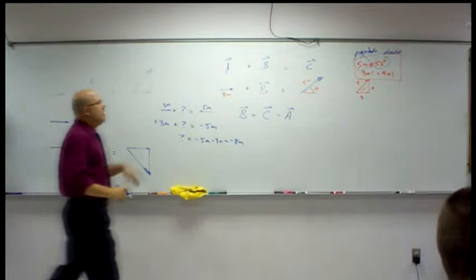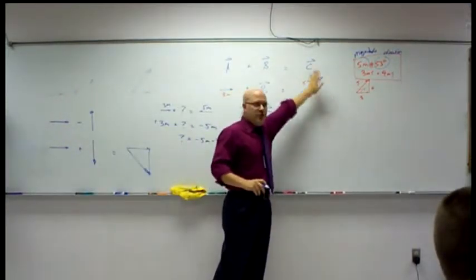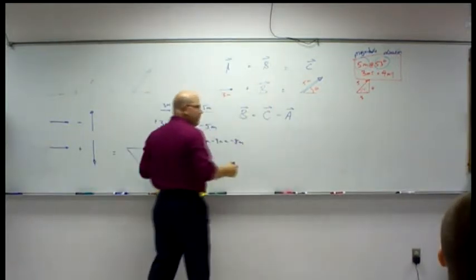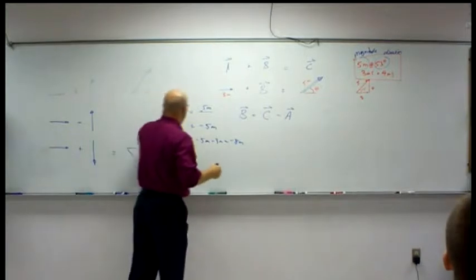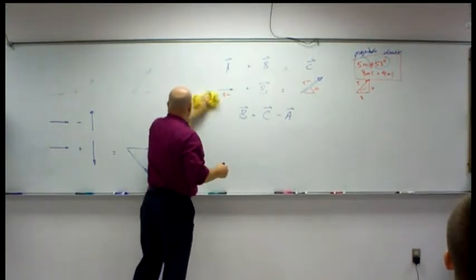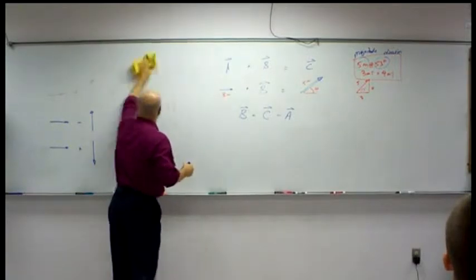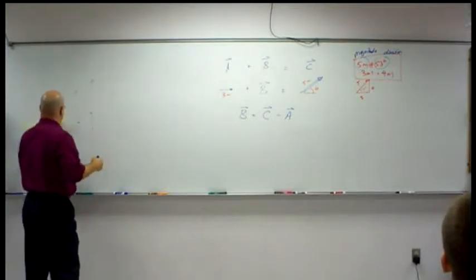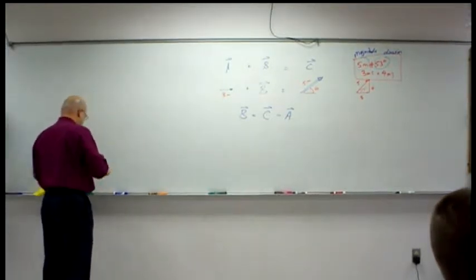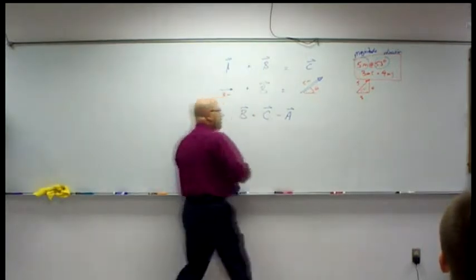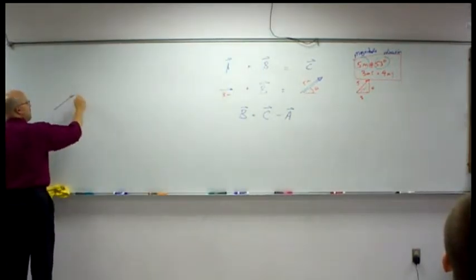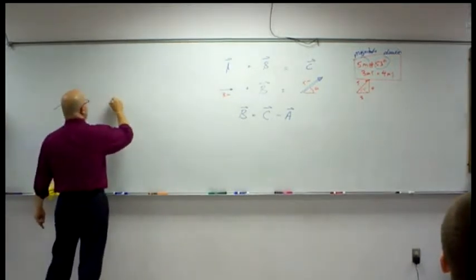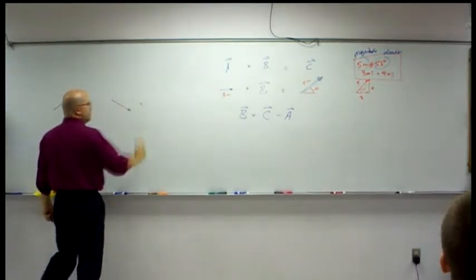Okay, we're going to do the same thing here, but our issue is that we have something in two-dimensional space. So how do we add vectors that are in two-dimensional space? Like, for instance, what if I have a vector like this plus a vector like that.